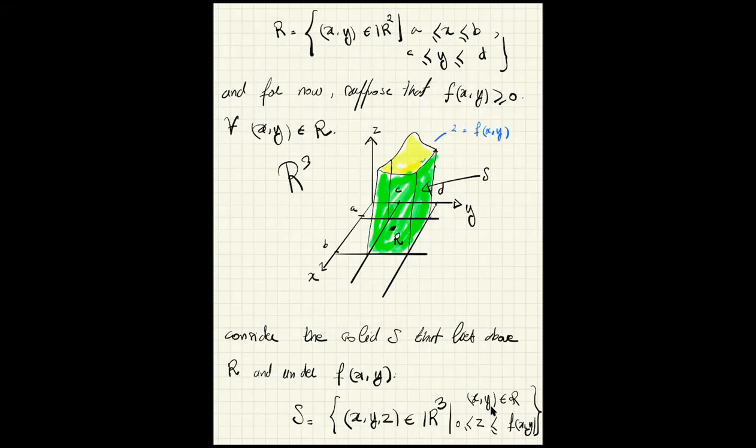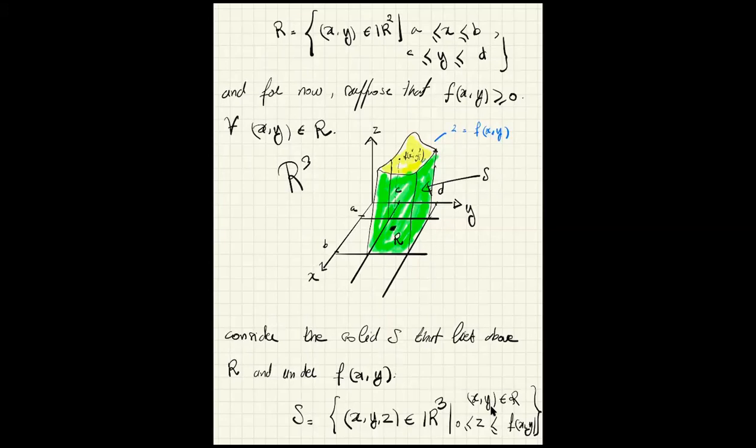We have the area of this rectangle, and we look at this point, which was chosen inside this rectangle. It has an image on the graph of the function, called f of x_i star, y_j star.